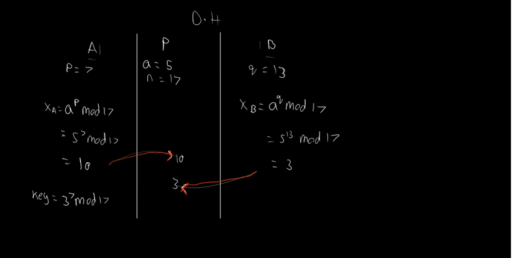Bob does the same thing: the number that Alice generated to the power his secret number mod 17. When they do this calculation, they will have the same key in the end, which is 11 here and 11 here.